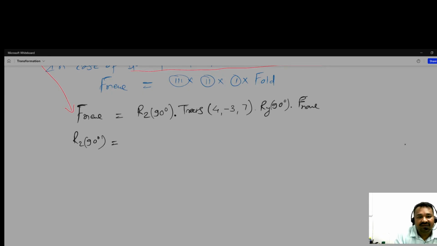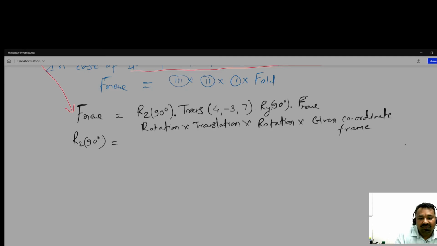There is a multiplication of a rotation matrix, then translation, then again rotation, and the given coordinate frame.